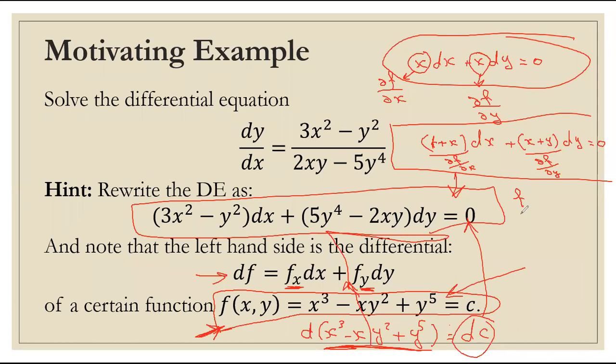If there is really a specific function f such that if you differentiate it with respect to x, you will get this term, 1 plus x, and if you differentiate it with respect to y, you will get this. Actually, there is no function f such that its partial derivative with respect to x is 1 plus x and its partial derivative with respect to y is x plus y. So this equation isn't exact.